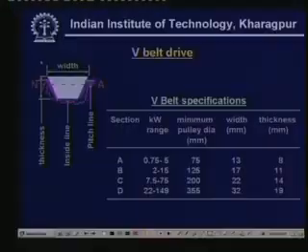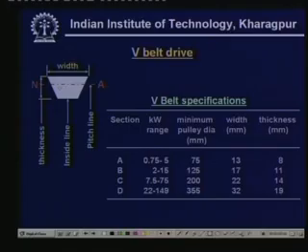Now, here the nomenclature of the V belt stands like this. As it is given, this is the thickness, this is the top width, and you do have a neutral axis. What is a neutral axis?